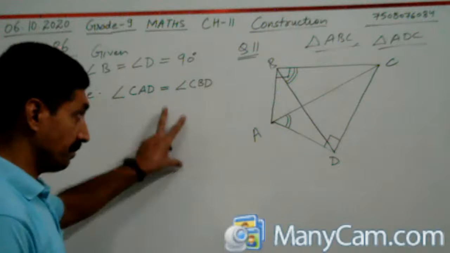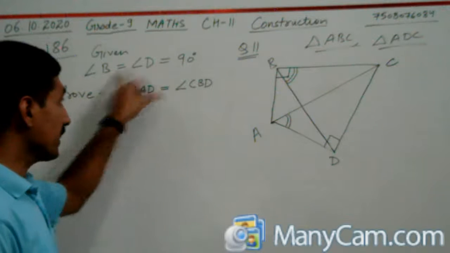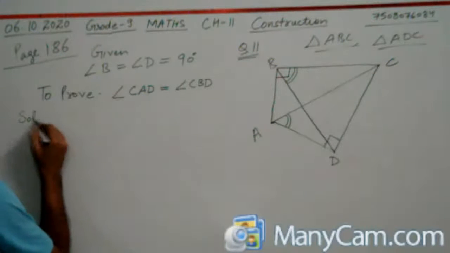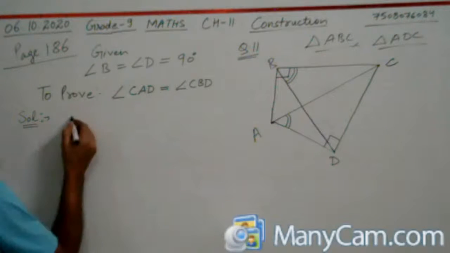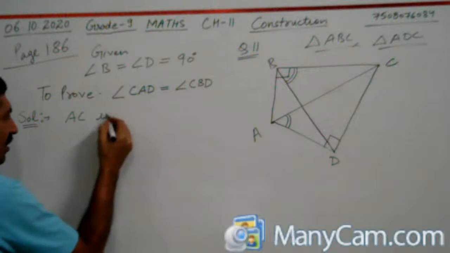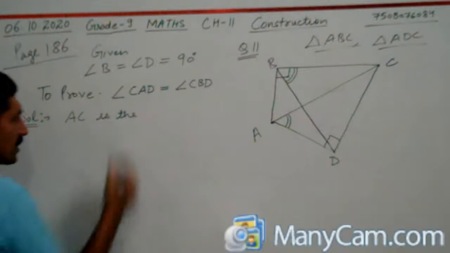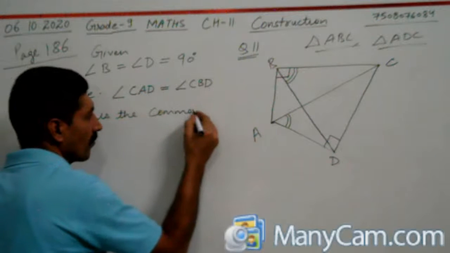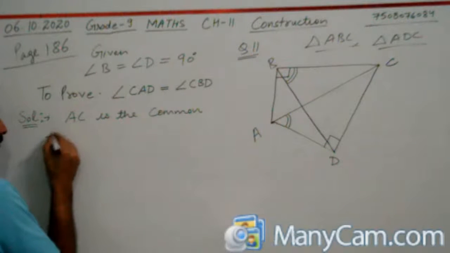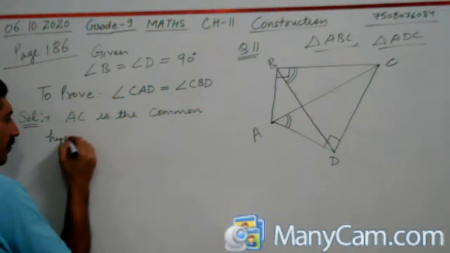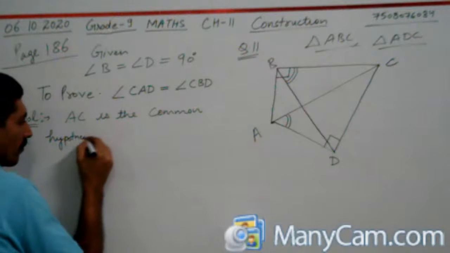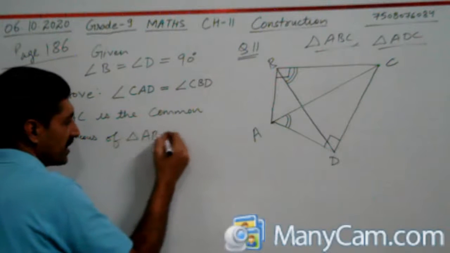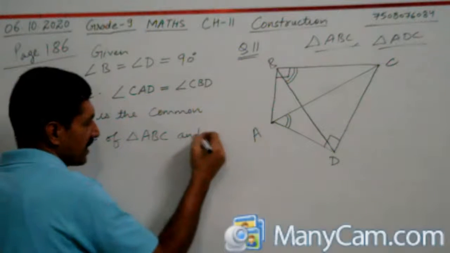Here AC is the common hypotenuse. What is given? AC is the common hypotenuse of this triangle ABC and ADC.